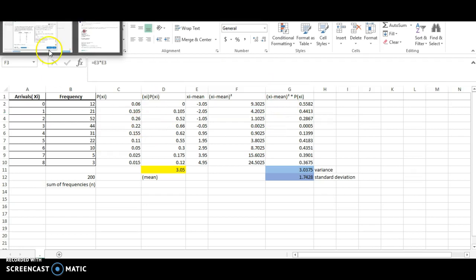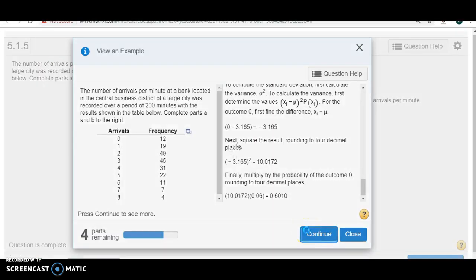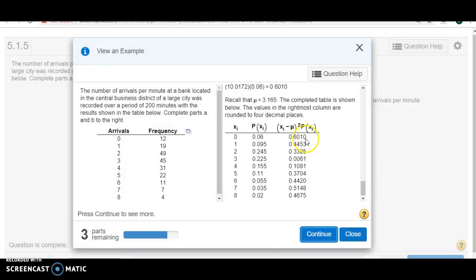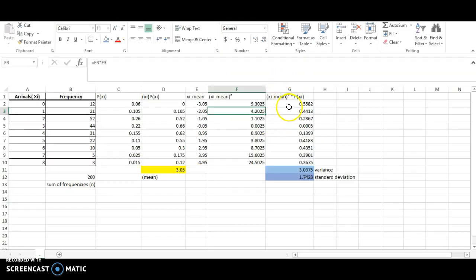Then the next step is to multiply what we just got when we squared the difference of xi minus the mean by the probability of xi. So you say equals, click on this number, and then times the p(xi).